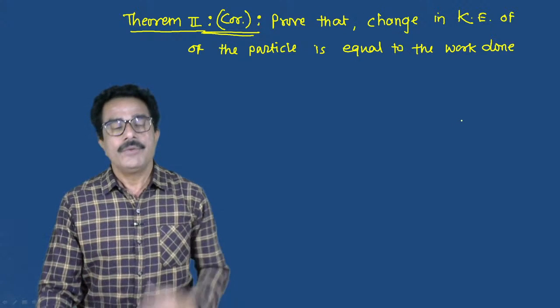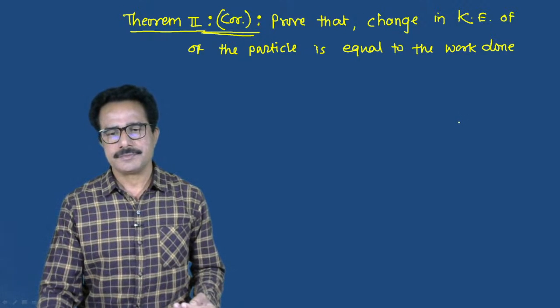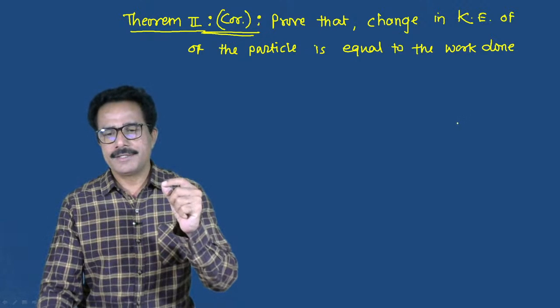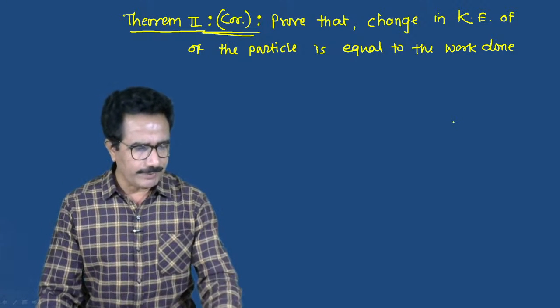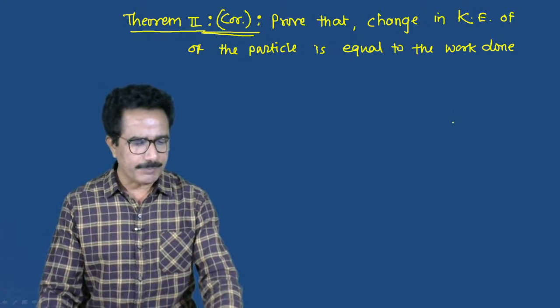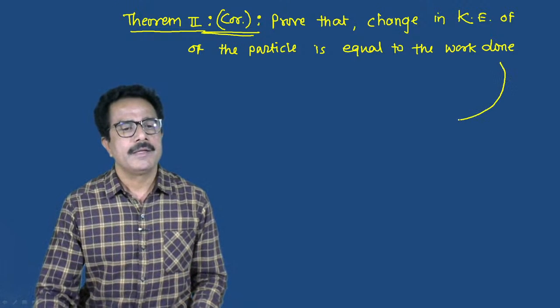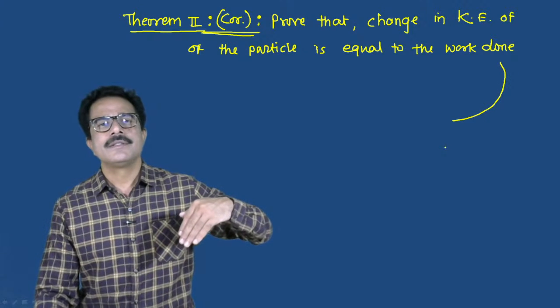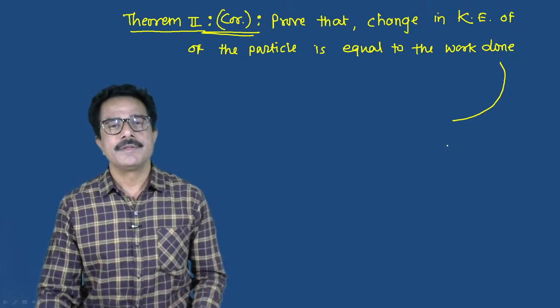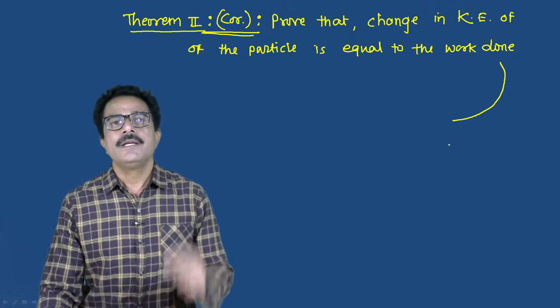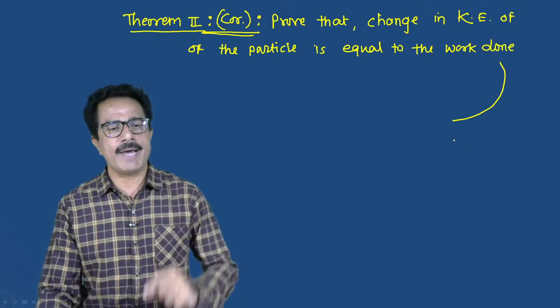Same, we know that the velocity of a particle at a point is v. Now suppose that the particle is moving with a velocity v bar due to some variable force f bar.